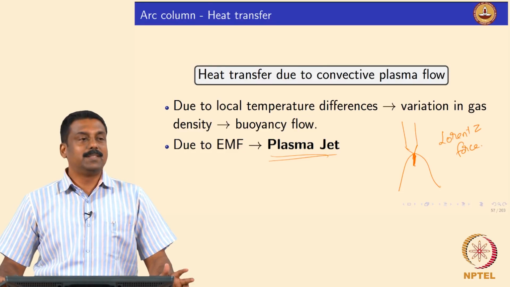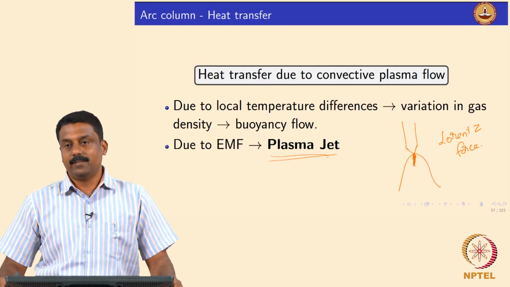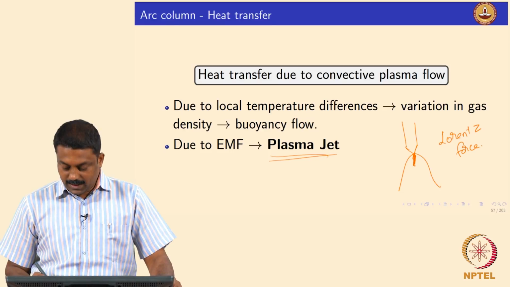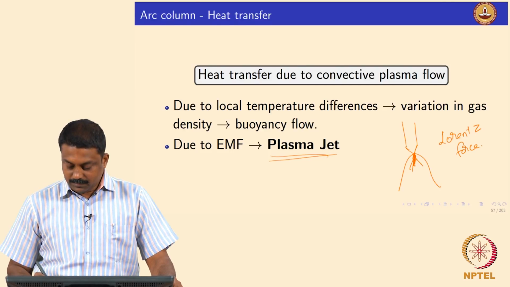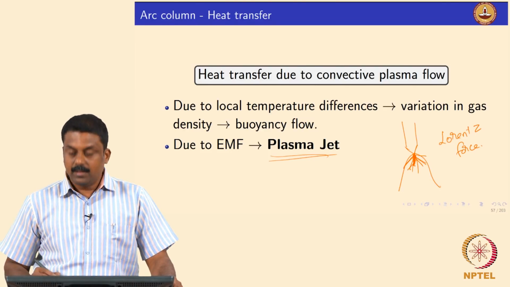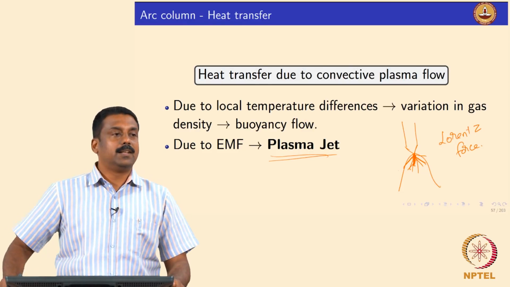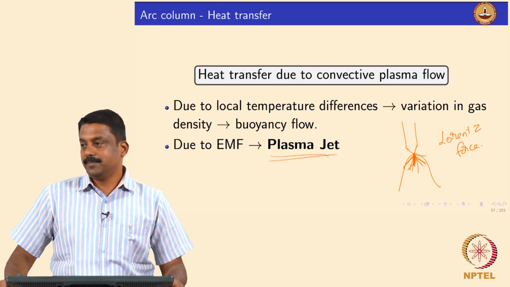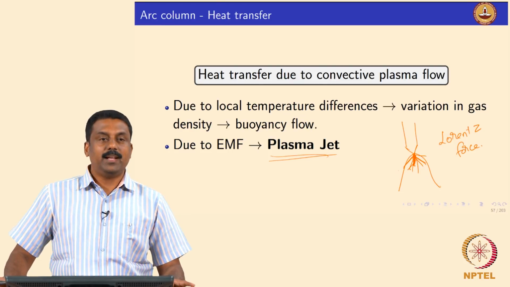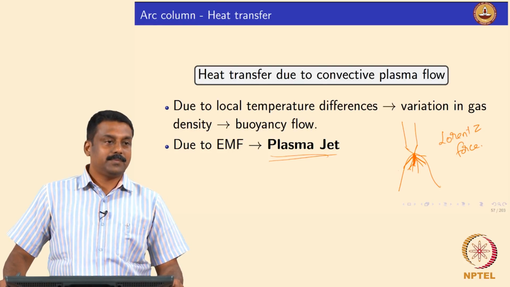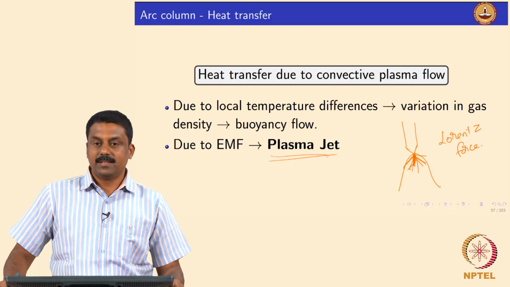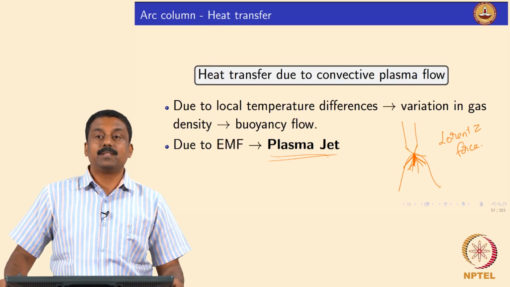And the Lorentz force in an arc is very significant. Okay. So if they are accumulating, they will be repelled, isn't it? And this repulsion creates a jet, and that is known as a plasma jet. And this jet can go as fast as 200 meters per second.